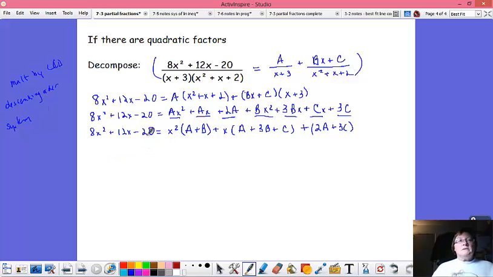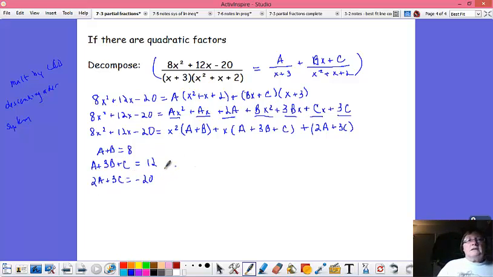So our system is A plus B has to equal 8. A plus 3B plus C has to equal 12. And 2A plus 3C has to equal negative 20.